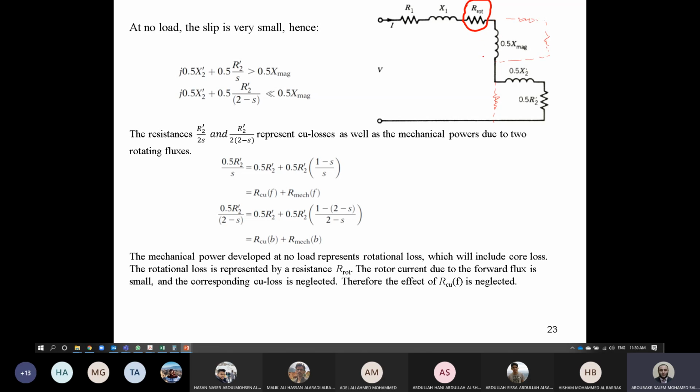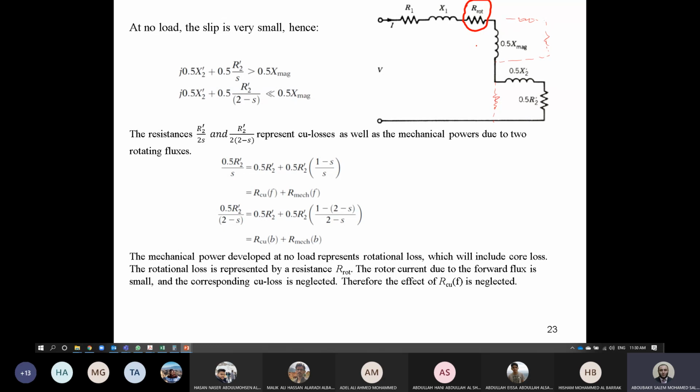Sorry, we should have RC in parallel here, but it's not included. And we have also friction loss. For that, in the blocked rotor or no load test, we have to assume another parameter in order to consider the different losses that exist in the circuit.